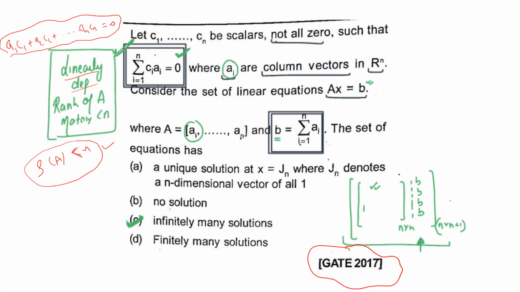Where A is equal to this and B is equal to this. So Ax is equal to B, in augmented matrix form. If we compare the rank of A and the rank of the augmented matrix AB, and the rank of A is less than the rank of AB, then there is no solution.